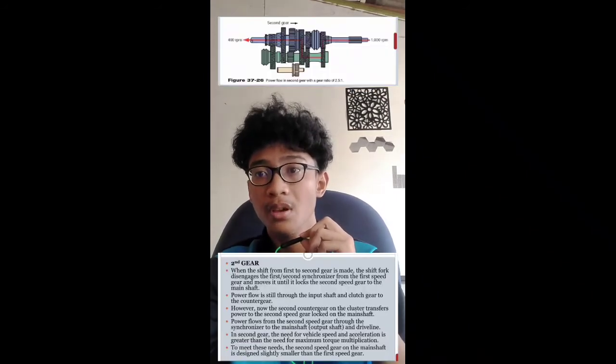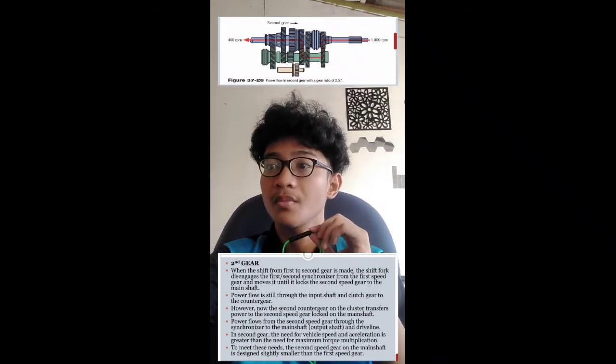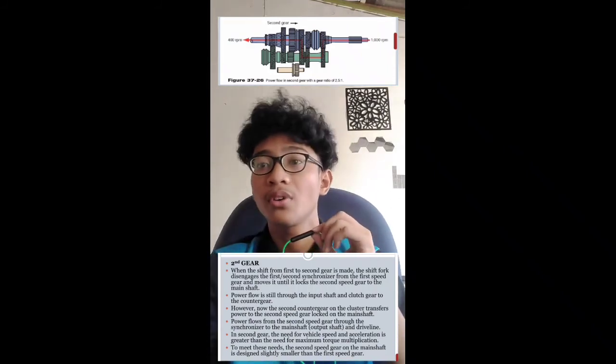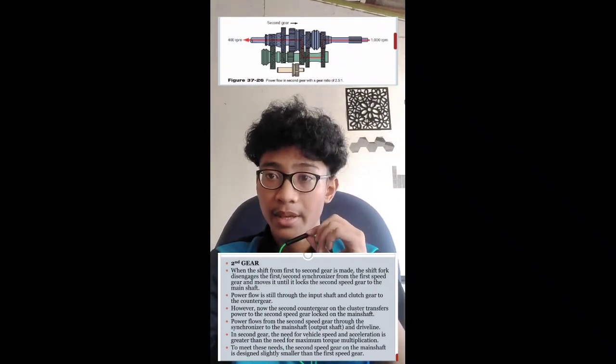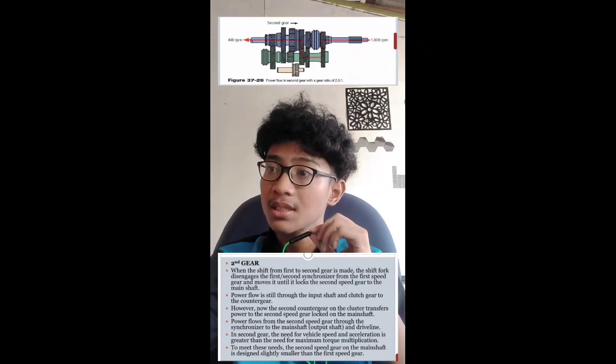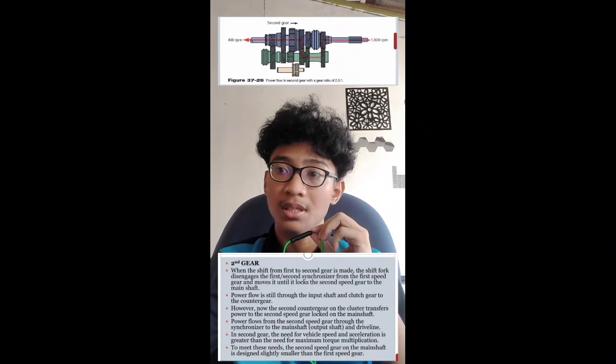Second gear. When the shift from first to second gear is made, the shift fork disengages the first/second synchronizer from the first speed gear and moves it until it locks the second speed gear to the main shaft.